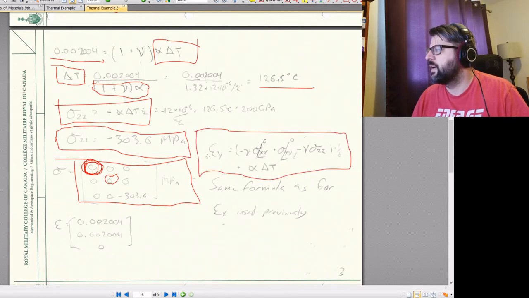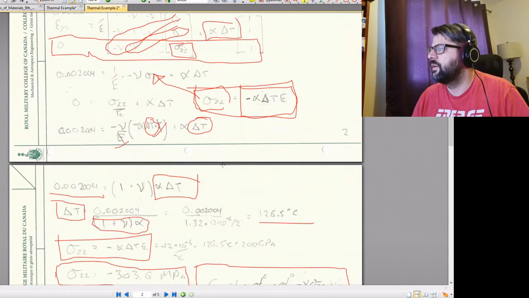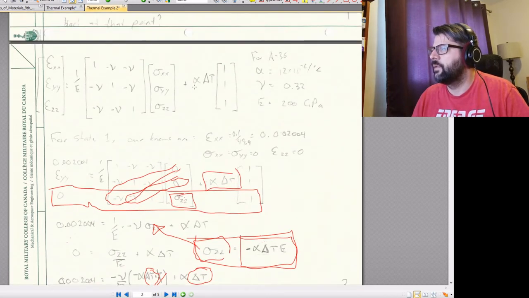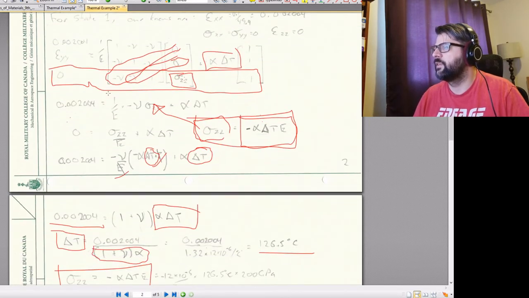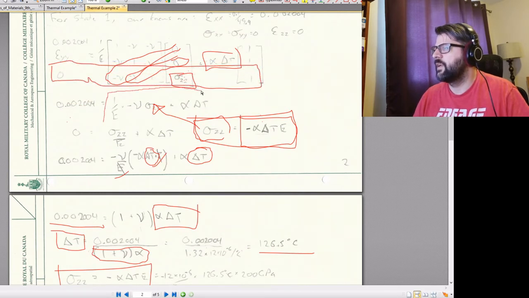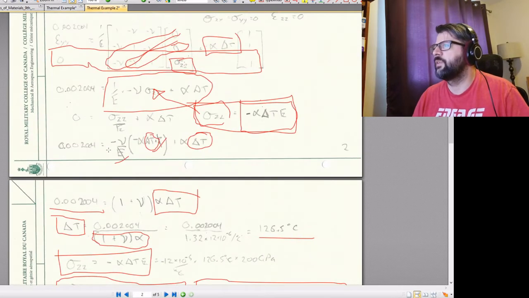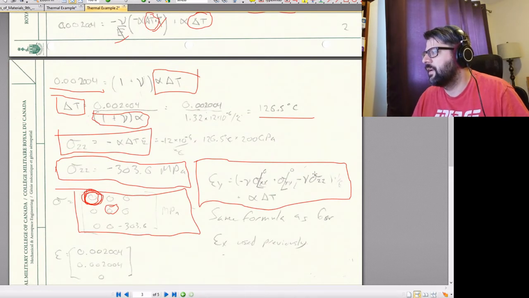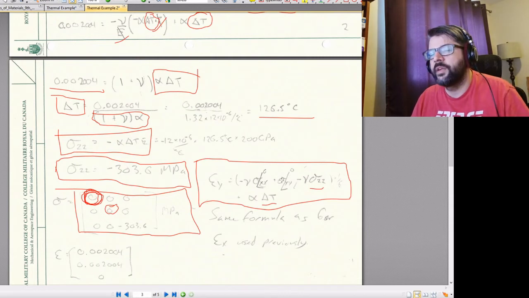So EY is going to be equal to this equation here. We'll notice that's just going off this and tossing out any terms that are 0, but you'll notice that it is actually equal to the same equation that was used to calculate the strain in the x direction, from the delta T and the z direction stress.